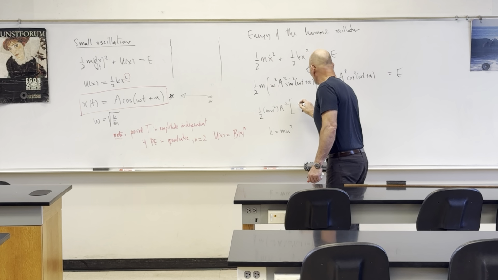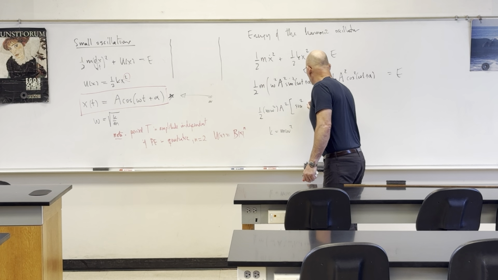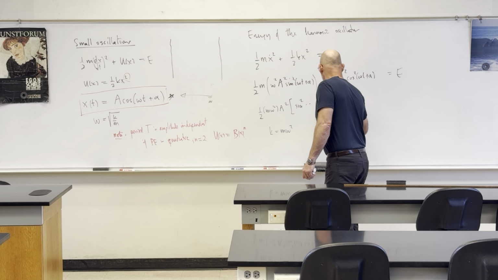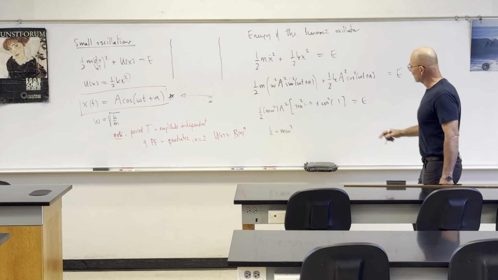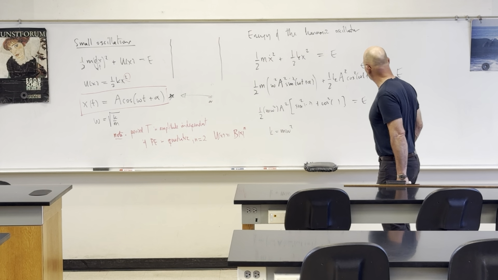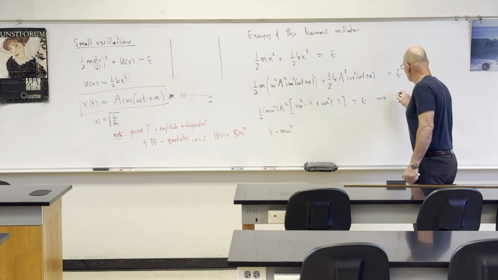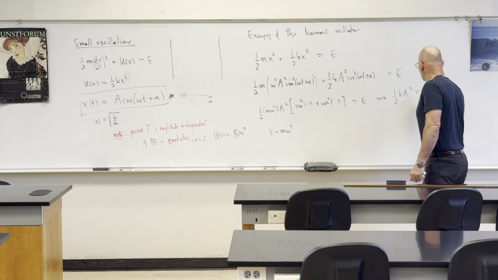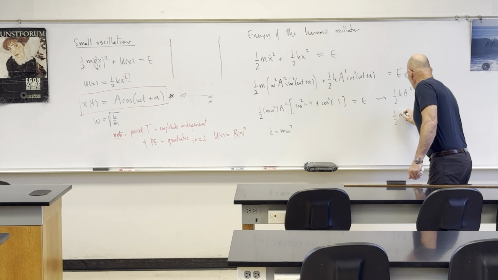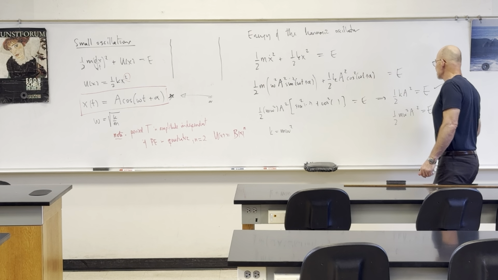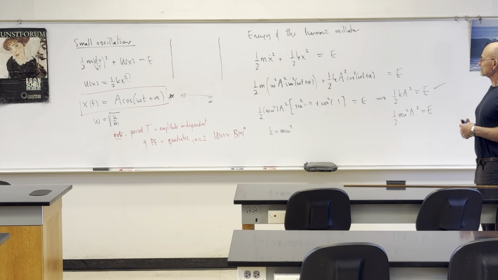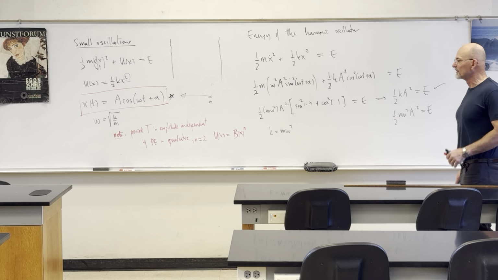And then I'll have sine squared plus cosine squared equals E. Okay. So yeah, sine squared plus cosine squared equals 1. So we have for the energy 1/2 k a squared equals E, and equivalently 1/2 m omega squared a squared. So that's the energy, okay? That trivially comes back out because that's what we put in.